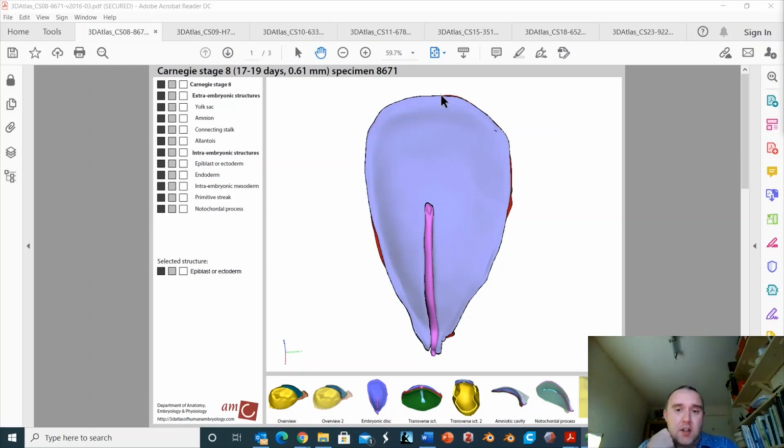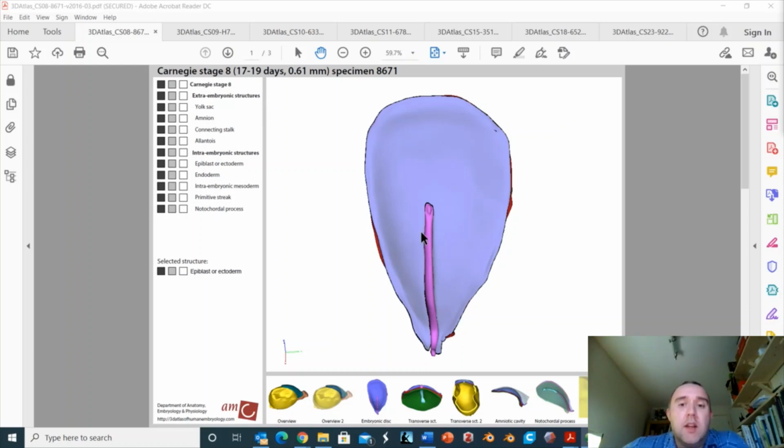So let's start off and let me just explain what the view is we've got here. Here we're looking down onto the primitive disc, the embryonic disc. And just to orientate you, the top here will become the head, and the lower portions will become more caudal regions of the body.